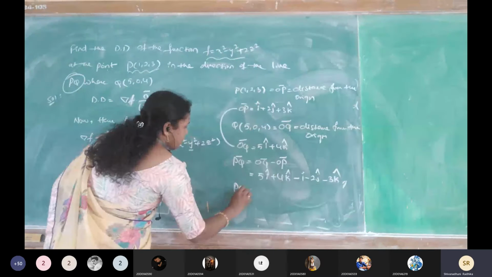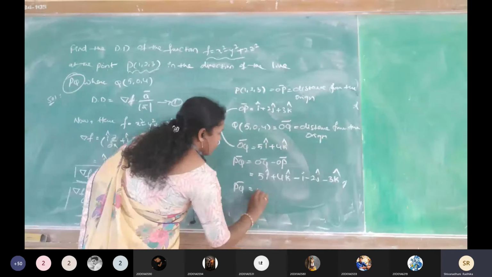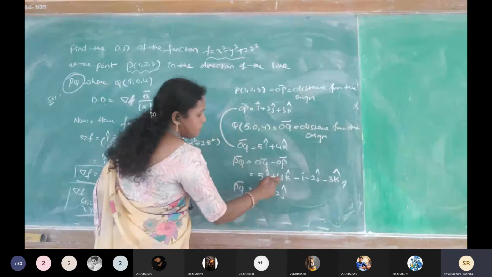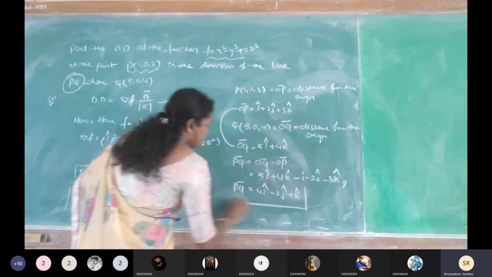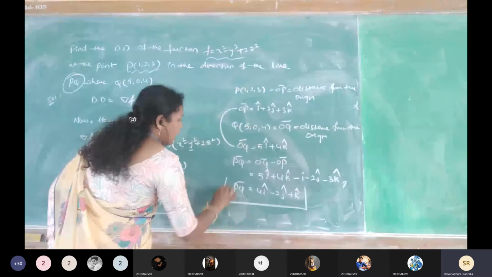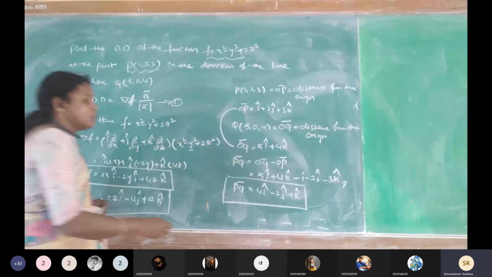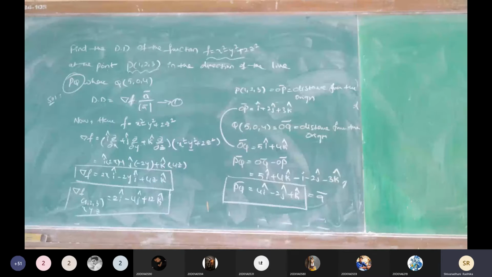So PQ bar equals 5i minus i, that is 4 i cap, minus 2j cap, plus 4k cap minus 3k cap, that is plus k cap. PQ is the directional vector, which we use as A bar. It is clear now? Any doubts?